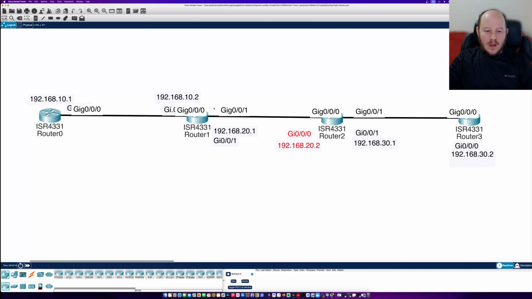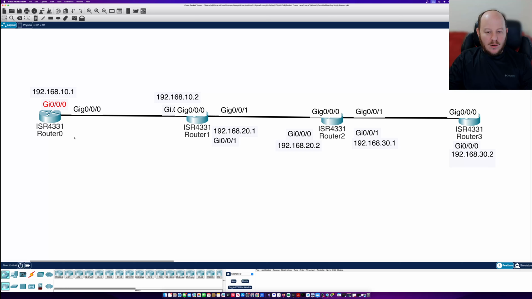With static routing, in order for routers to communicate outside of their subnets, they have to know about those subnets. There are a few ways a router can know about them. One way is to be directly connected to that subnet. For example, router 0 is connected to the 192.168.10.0/24 subnet, so it automatically knows about it.